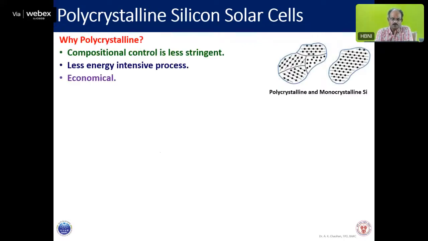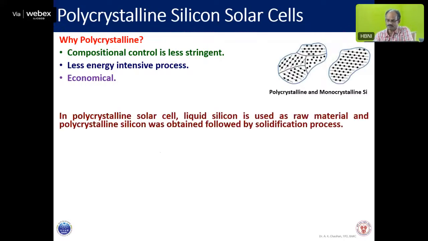So why do we need polycrystalline? The compositional control is less stringent, and it is a less energy intensive process. It is economical because making a single crystal is very expensive. You need big instruments, large systems to grow single crystals, and polycrystalline serves almost the same purpose.